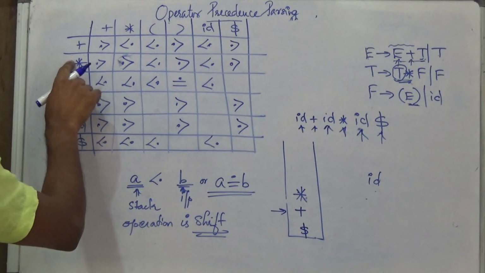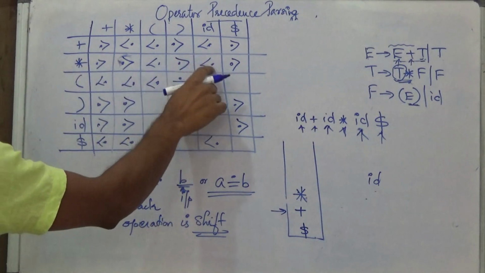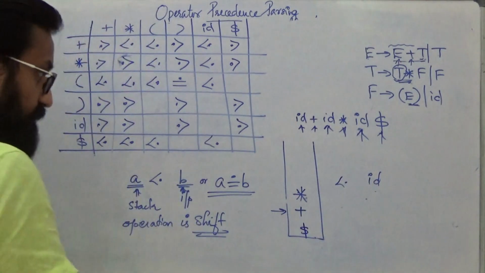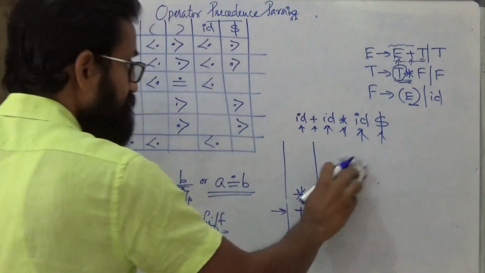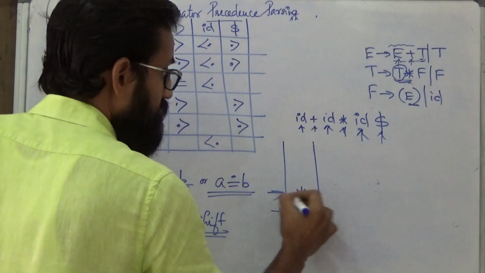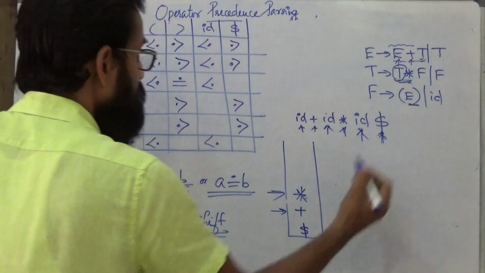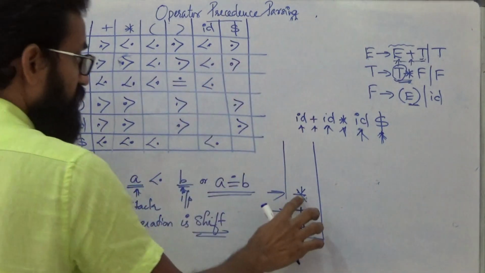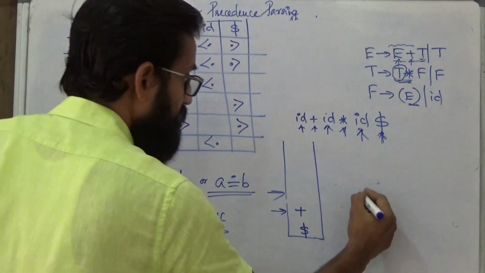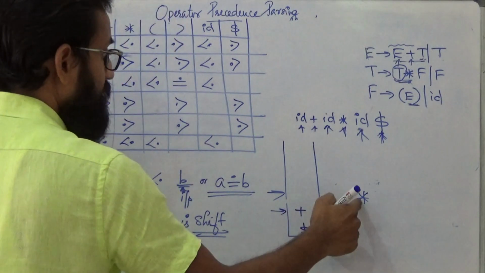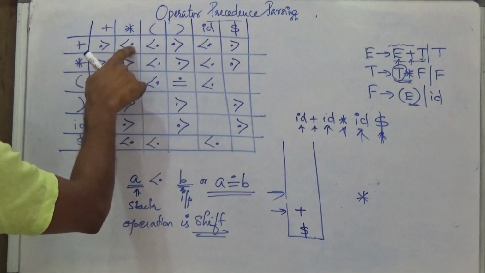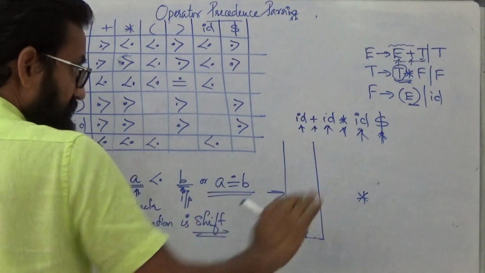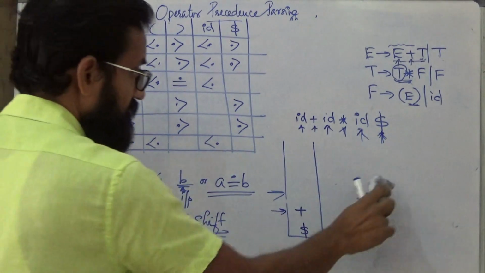So star ID is related using lesser precedence. The pop will stop there. Now star dollar, the input encountered is dollar. Again perform a reduction operation, star will be popped. If you compare plus star, it is related using lesser precedence. So this represents a single reduction operation.